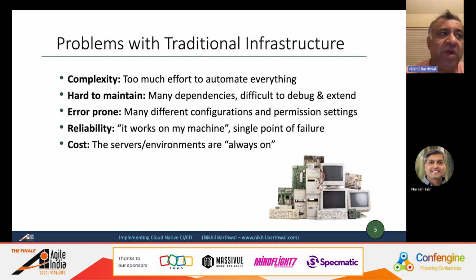Cost. When you have a fixed number of build agents, these servers and agents are always on. That obviously increases your cost if you're running in cloud infra, and even if you're not using it, you're paying for it. What you ideally want is some kind of serverless approach where you pay as you go for resources, right? If your workload increases at peak hours, then you should be able to scale up, and if your workload is less, you should be able to scale down and not pay for the resources you don't use.